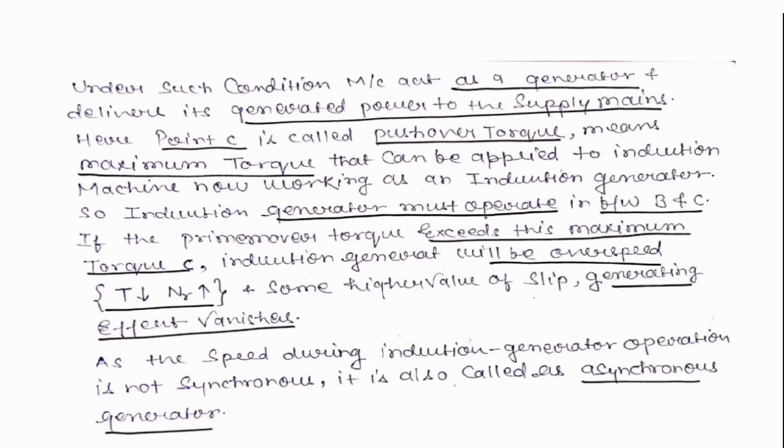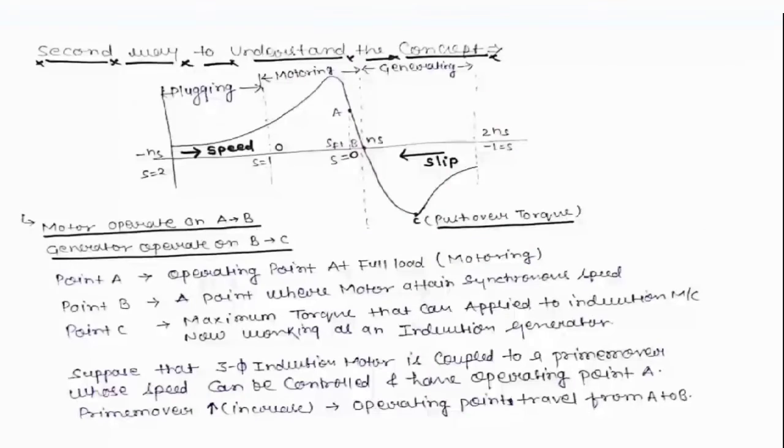If the direction of the rotor torque is opposite, then it is the condition of a generator. Because it is not working at synchronous speed, this is the generator case. So here you see point C.